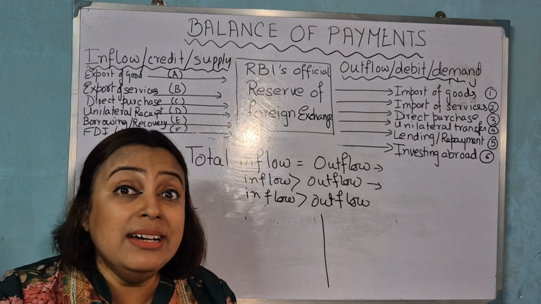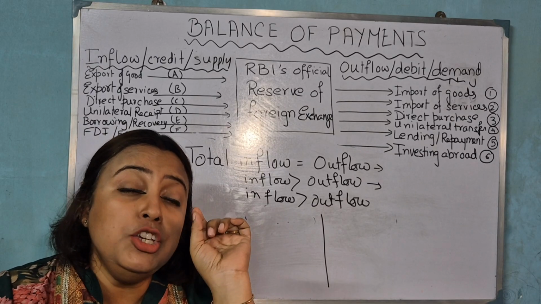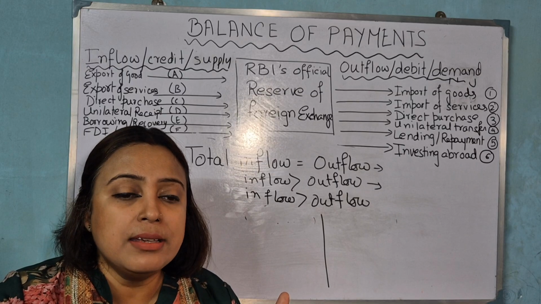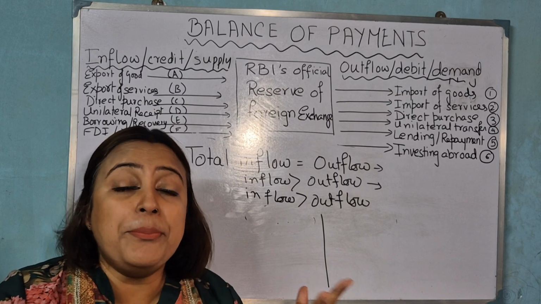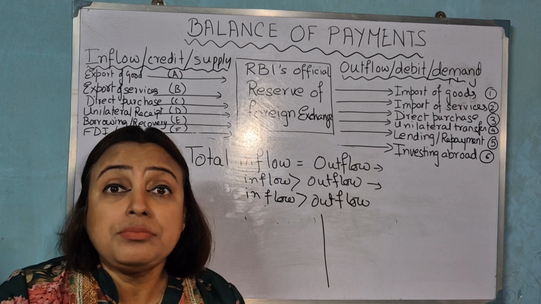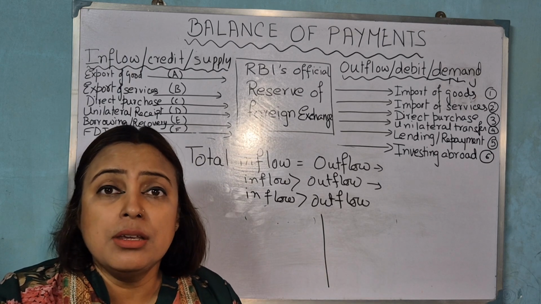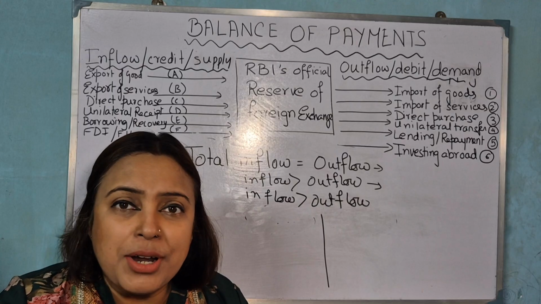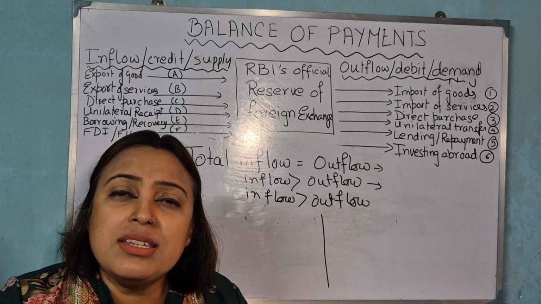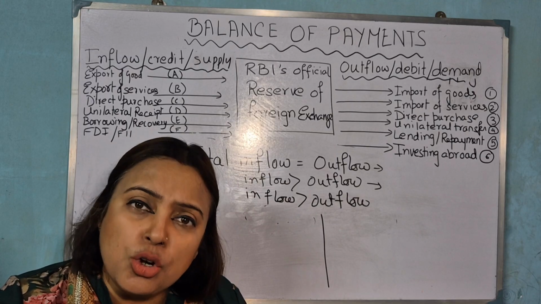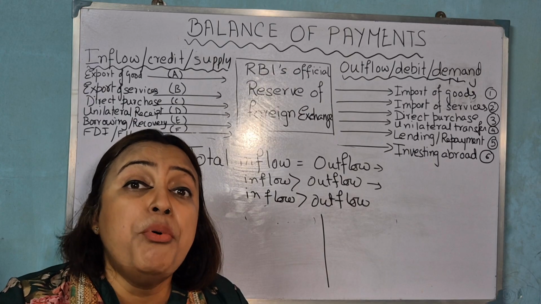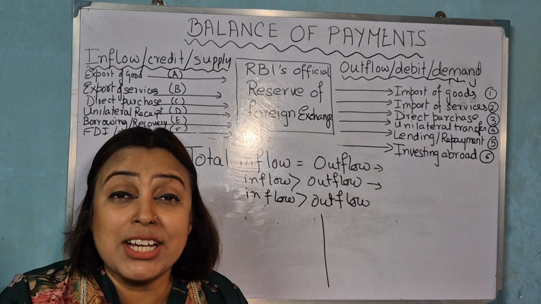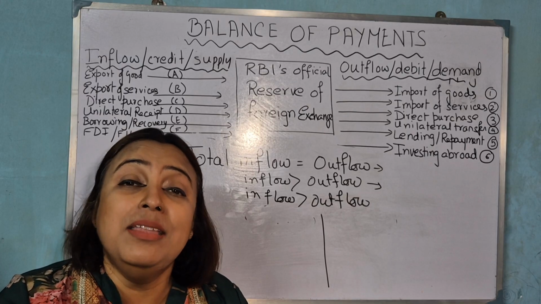So, children, from here, many teaser questions come. Like, you may get a question like this: all capital account transactions are accommodating transactions. No, all capital account transactions are not accommodating transactions. Investment part of capital account is very much autonomous transaction. Only the borrowing lending part of capital account is the accommodating transaction because they help to balance the BOP.